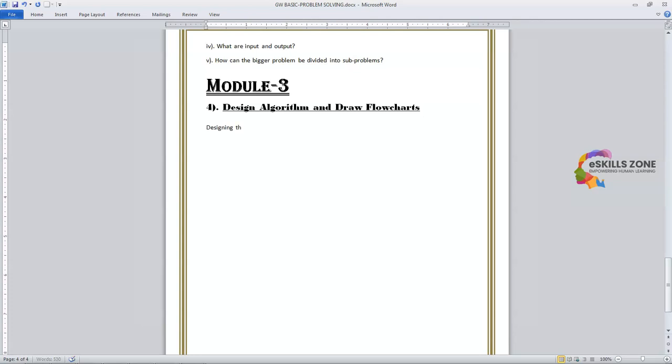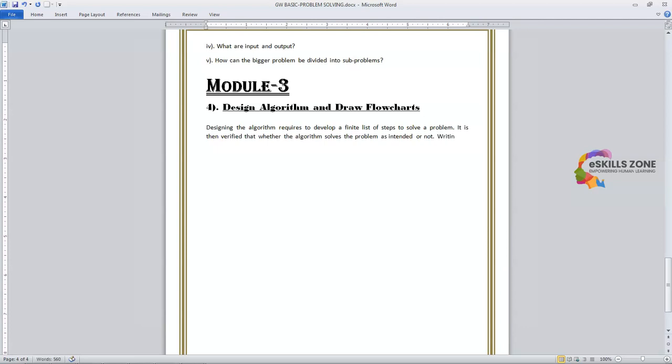Designing the algorithm requires developing a finite list of steps to solve a problem. It is then verified whether the algorithm solves the problem as intended or not.